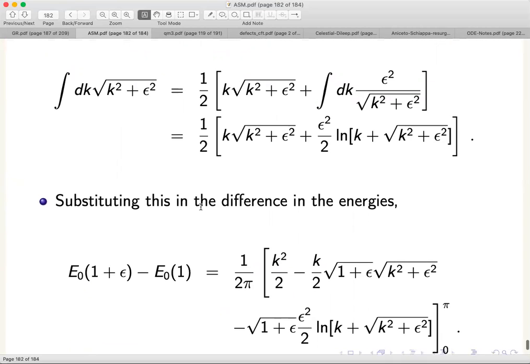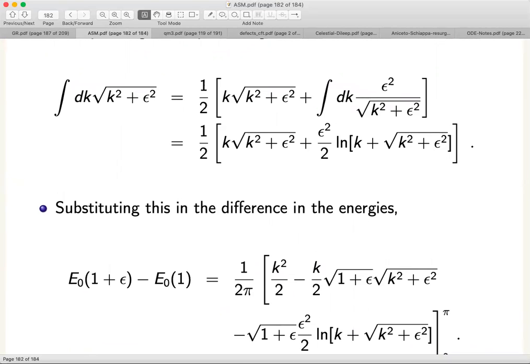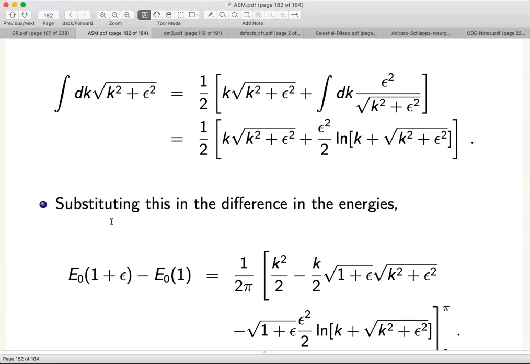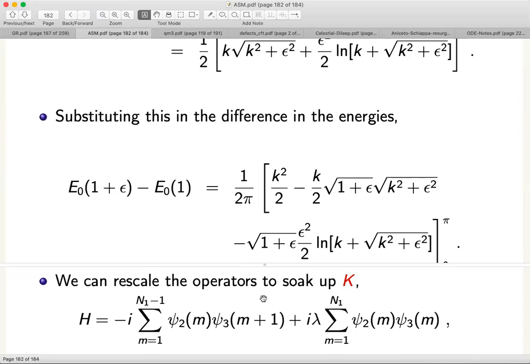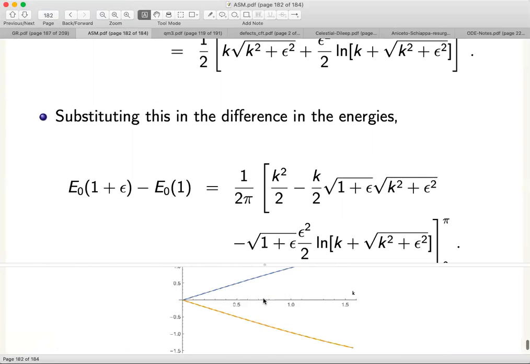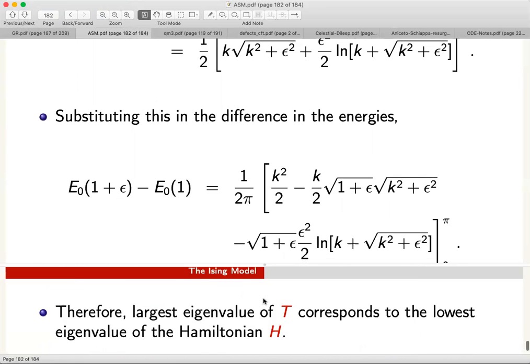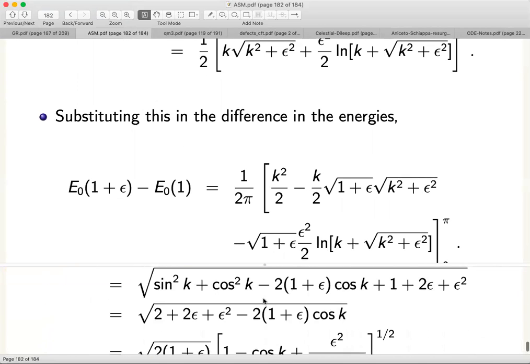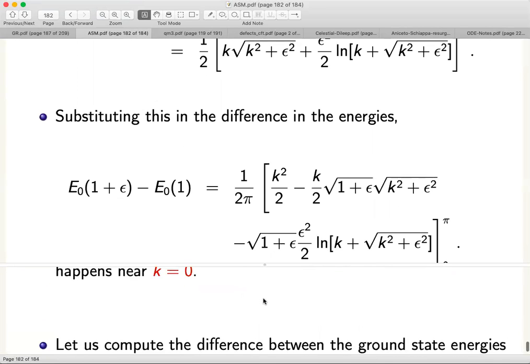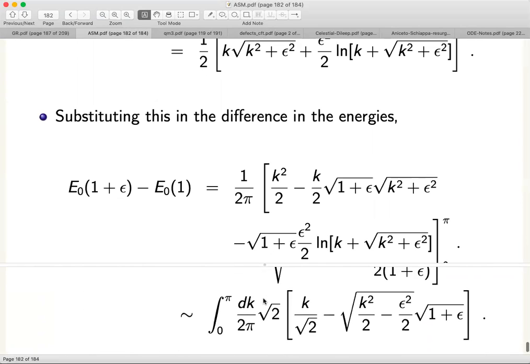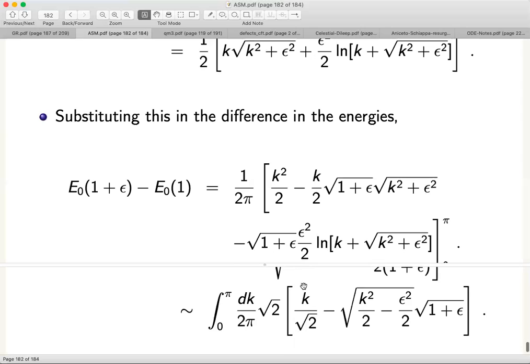So what we get, maybe I can split screen to just, yeah, here's the expression. The first integral just gives you that k squared by 2 kind of factor.